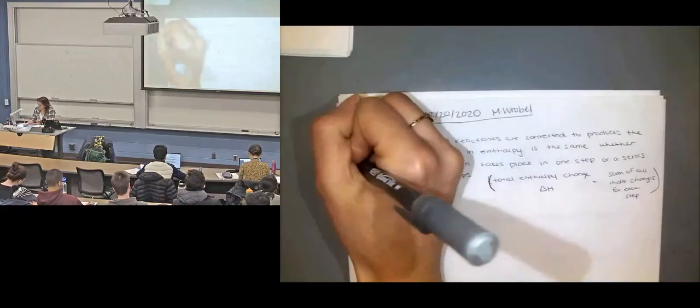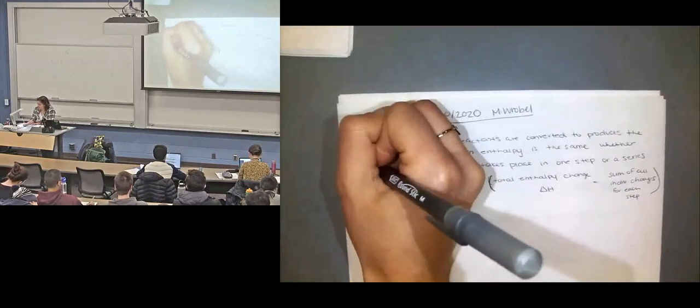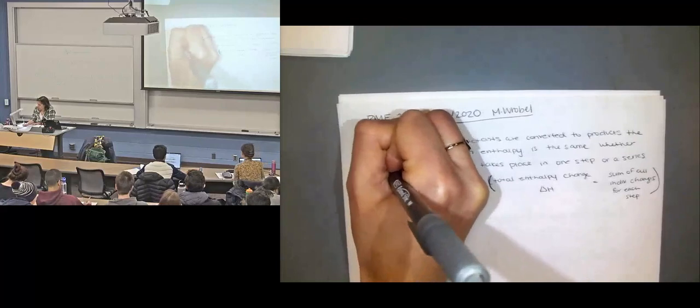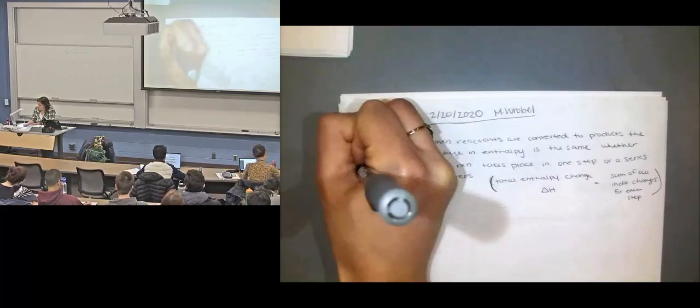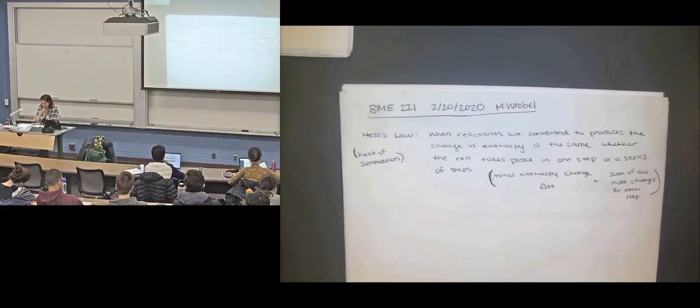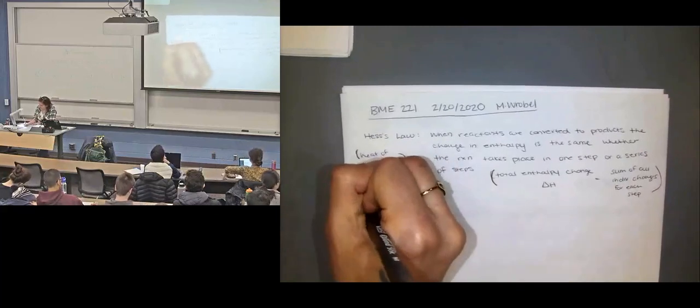So this is sometimes called heat of summation. It might be a phrase used with Hess's law. On the homework I ask you to do this with Hess's law. It's pretty explicit. Okay, so let's do a quick example.